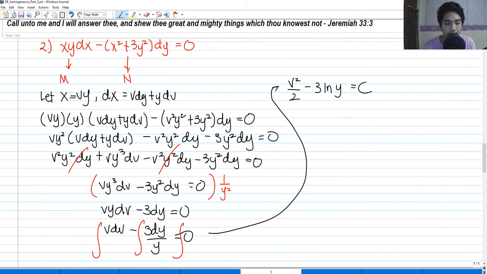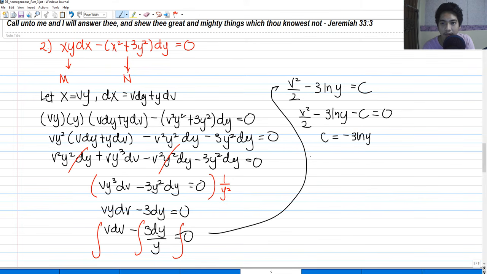So we already have ln of y here, negative 3 ln of y. What I will do is transpose the c, including the minus sign, because I want to simplify this ln. So we will make c like this, so that we can simplify it.